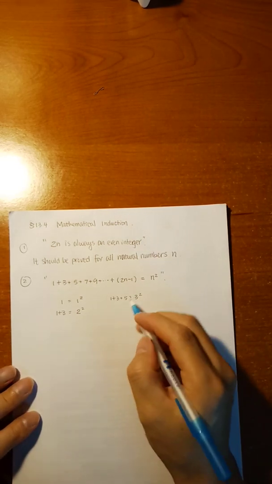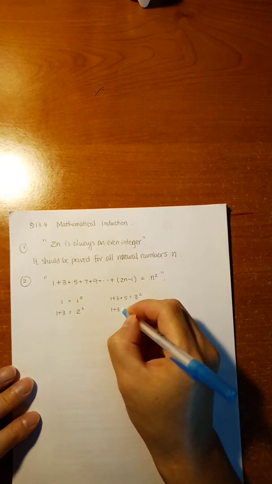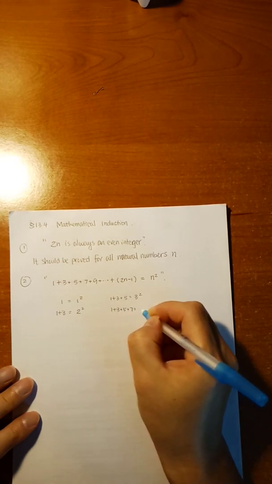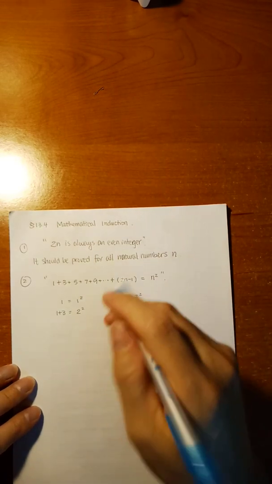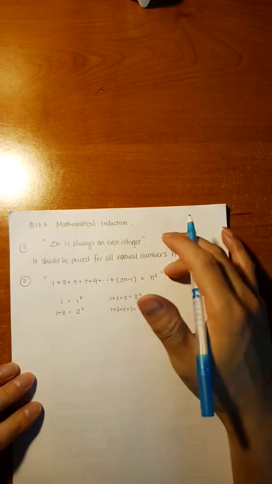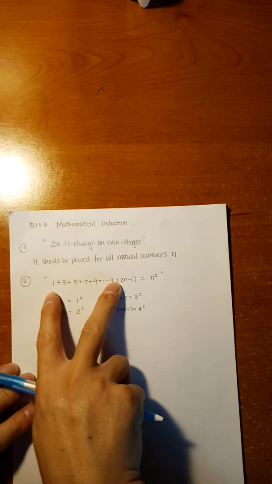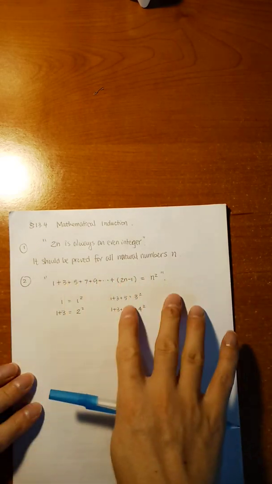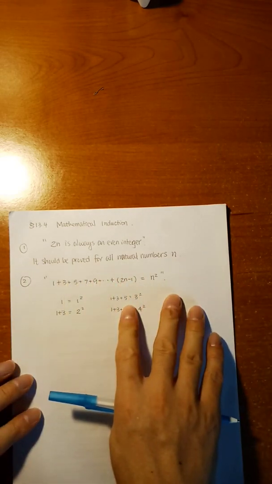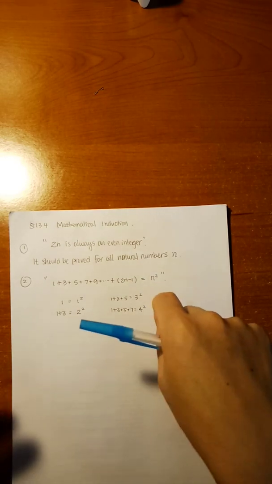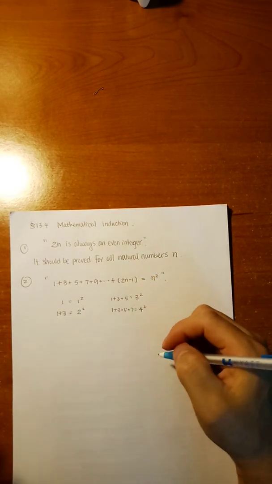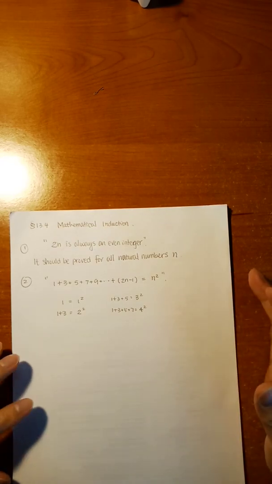When n is 4, the sum of the first 4 odd numbers is equal to 4 squared. So for each different natural number, you will have a different statement. So that's the statement based on the natural numbers. It works for all natural numbers.